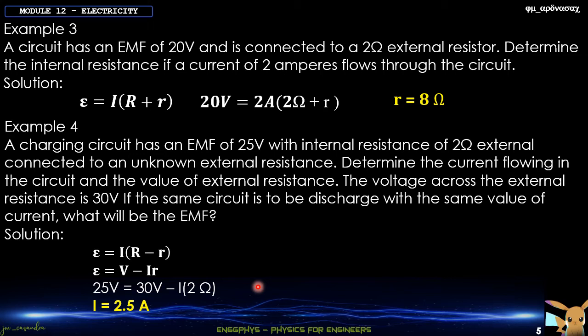So if we're going to compute, I, the current, is equal to 2.5 amperes. Okay? So, for that, we'll now be able to compute for our external resistance using Ohm's law. So, 30 volts is equal to I, 2.5 times the resistance. So, the external resistance now is equal to 12 ohms.